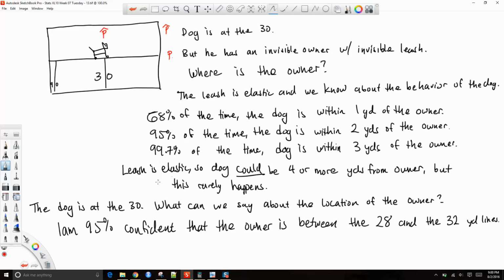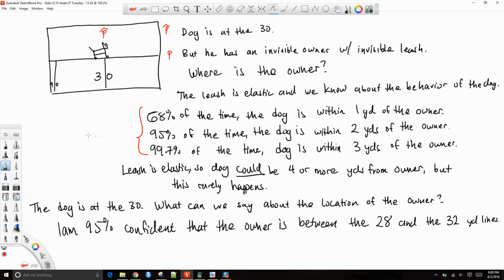And the fact that we know the behavior of the dog, or the behavior of p hat, comes from the central limit theorem, where we said the sampling distribution of p hat can be approximated by the normal distribution. That tells us about how p hat behaves around p.